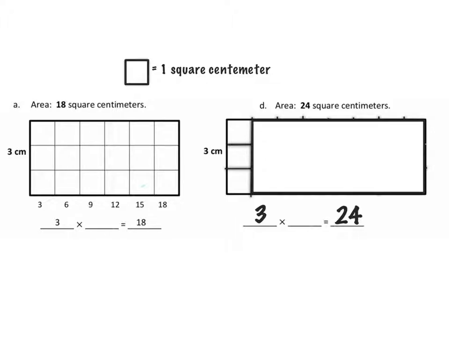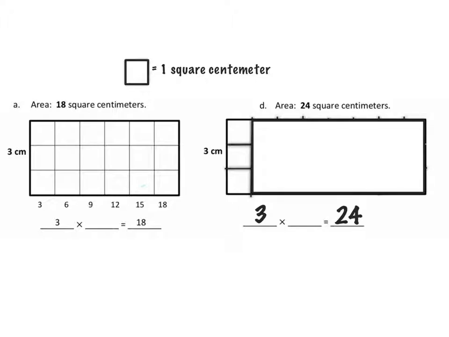Remember that an array consists of equal rows and equal columns. We are also told that we have 3 equal rows. 1, 2, 3. And it wants us to construct a multiplication sentence explaining why the area is 18 square centimeters.